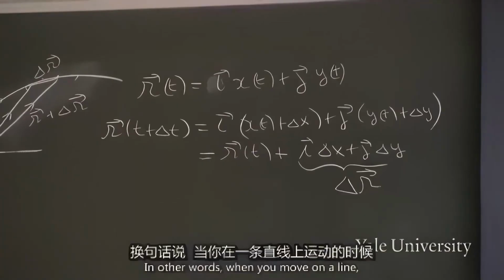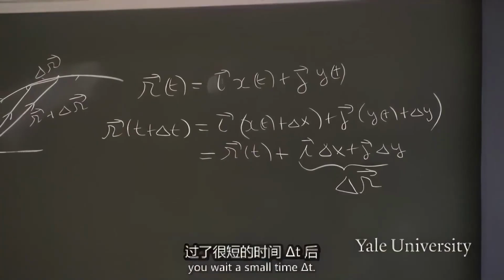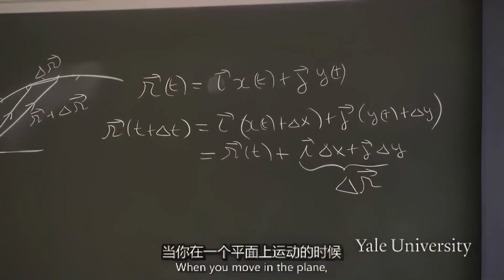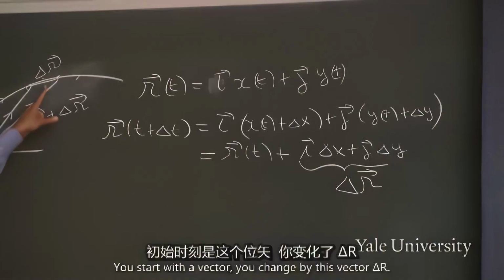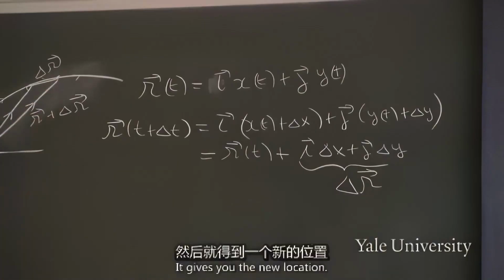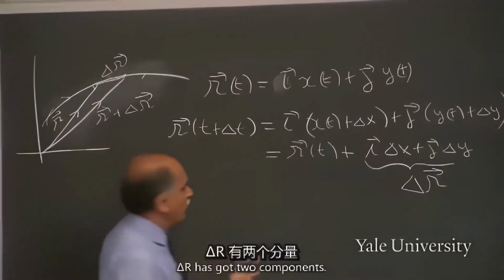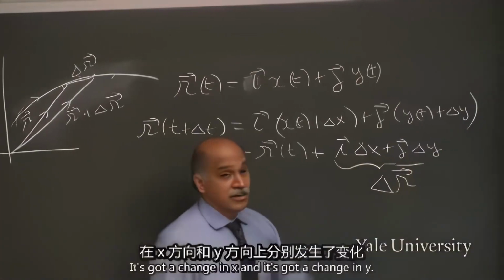In other words, when you move on a line, you wait a small time delta t, you move by an amount delta x. When you move in the plane, your change is itself a vector. You start with the vector, you change by this vector delta r, it gives you the new location. Delta r has got two components. It's got a change in x and it's got a change in y.